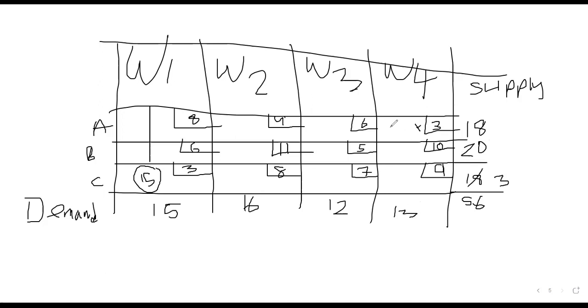There's a 13 here that can be met as a demand, even if the supply is 18. So we remain with a 5. The smaller cost here for the remaining is 5, meaning that this one is 11 here, so the 12 goes this way, and we remain with 8.